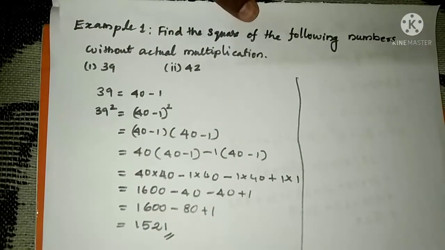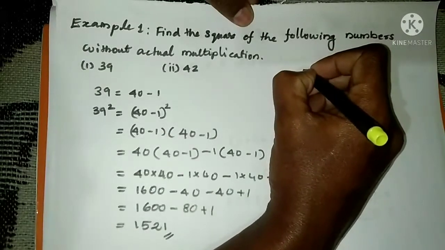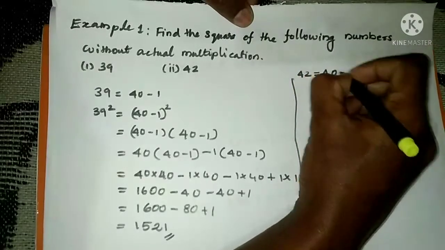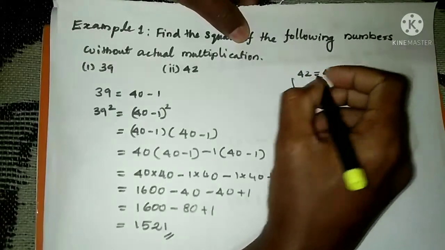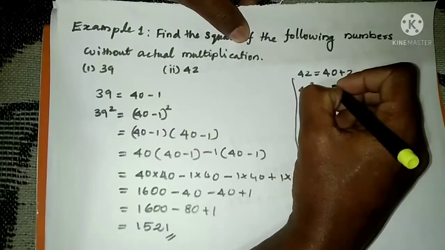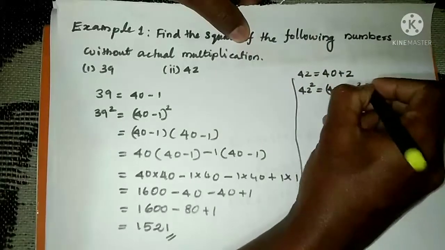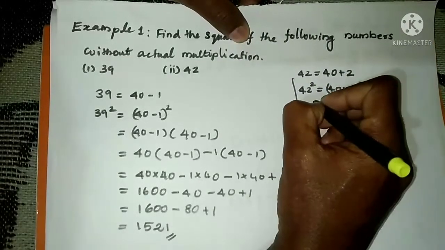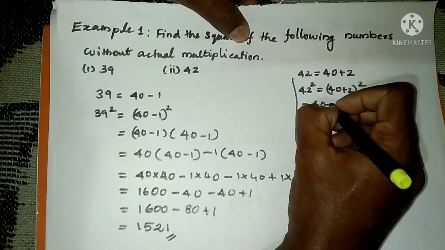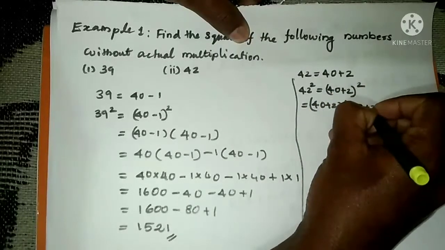Now let us find the value of 42 square. So 42 can be written as 40 plus 2. Then we can square 42 the same way, we can square 40 plus 2. Further, this we can write as we did in the previous example, 40 plus 2 times 40 plus 2.